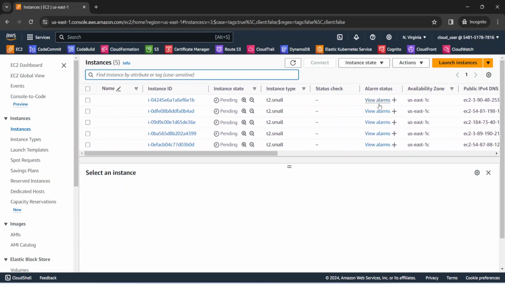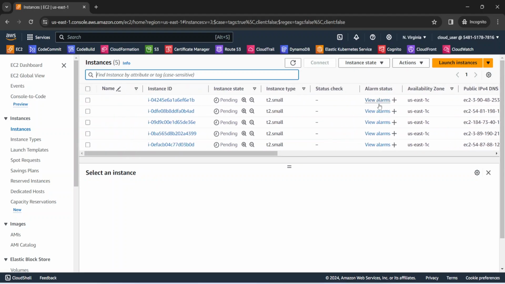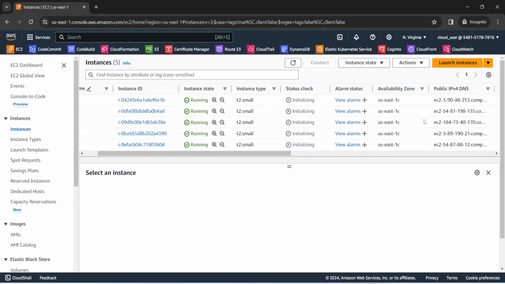Instead of going one by one each and every time, this will enable us to scale the application very fast. So you can see all the instance types are T2 small and the instances are in running state. And also the availability zone they are running in is US East 1C.